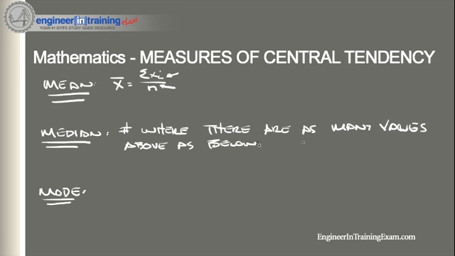So if we have a list that has the numbers 1, 2, 3, 4, and 5, 3 is going to be our median because we have as many values above as we do below.